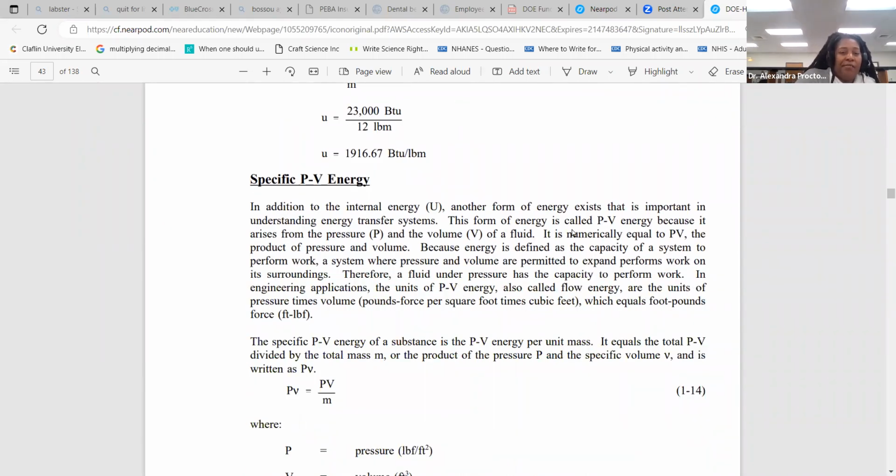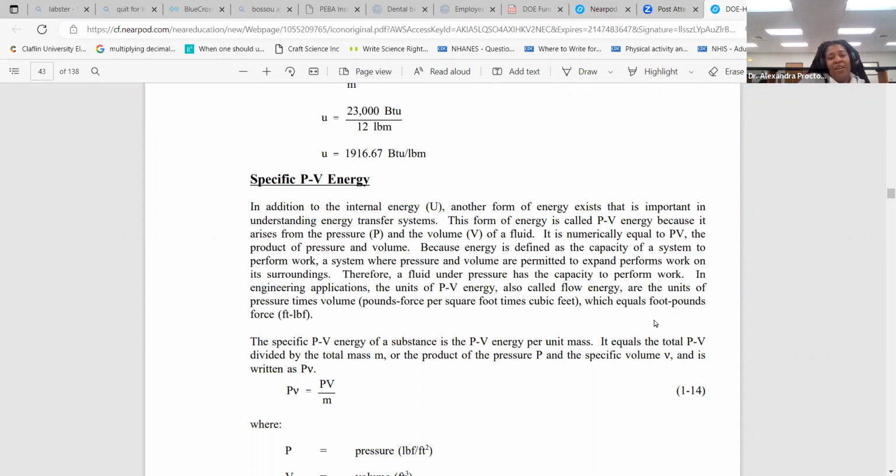So specific energy. In addition to internal energy, there's another form of energy that exists, and it's important when you understand energy transform within systems. This form of energy is called specific energy because it arises from pressure and volume of a fluid. It's numerically equal to PV, the product of pressure and volume.